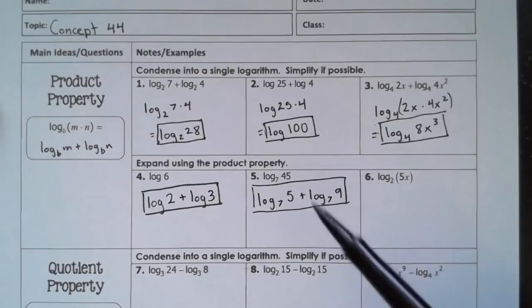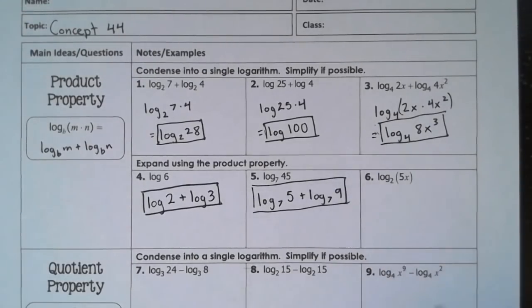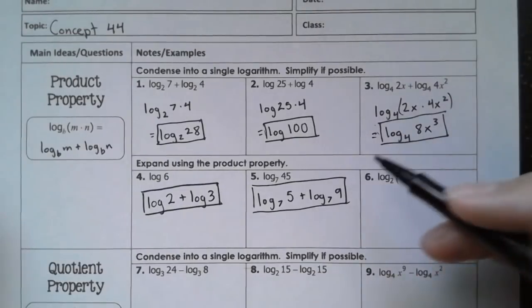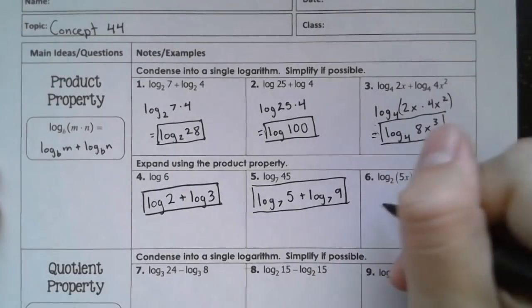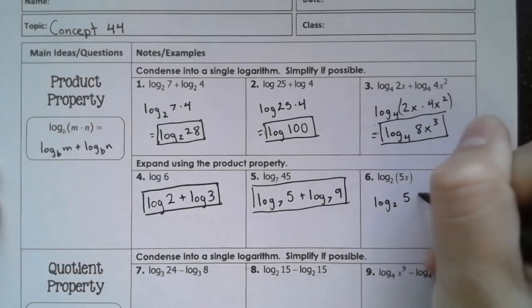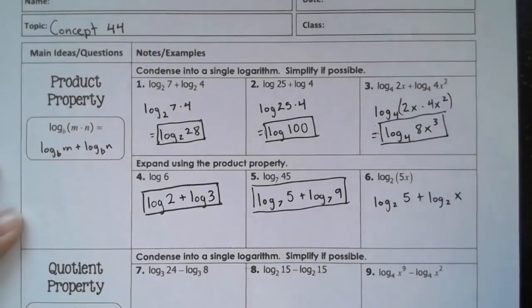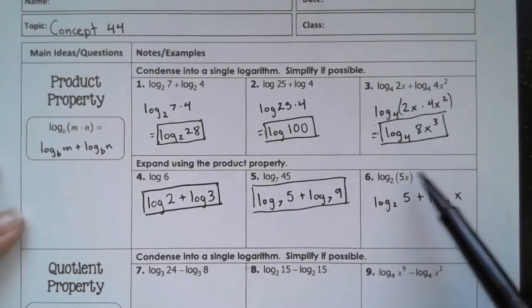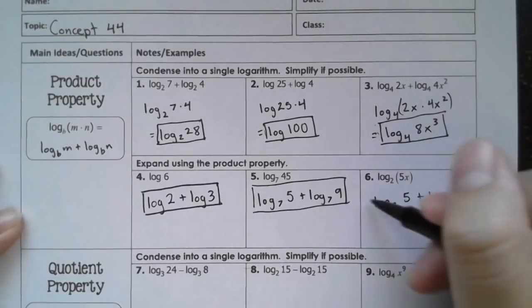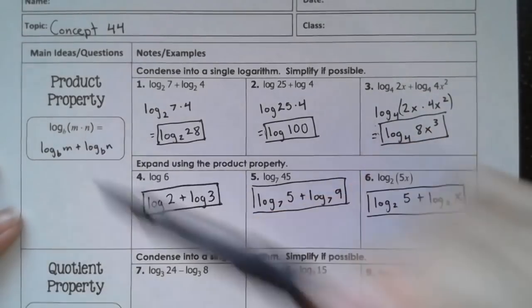And like I said, you can have multiple answers. 15 and 3 works, 45 and 1 works, and so on. Next one, I can write this as log base 2 of 5 plus log base 2 of x, because 5 times x is 5x. Okay, so these are the examples showing the product property.